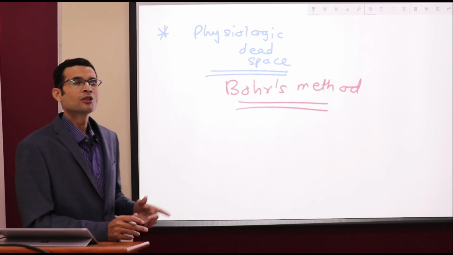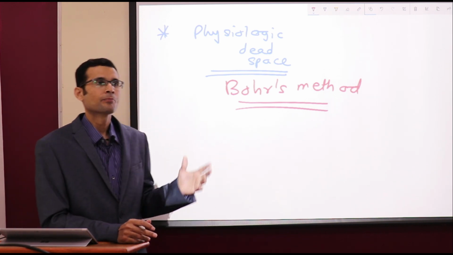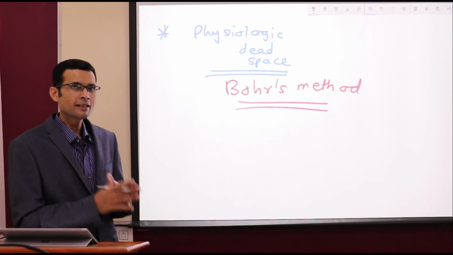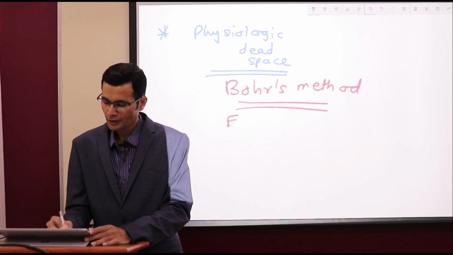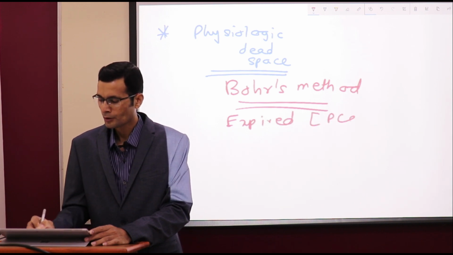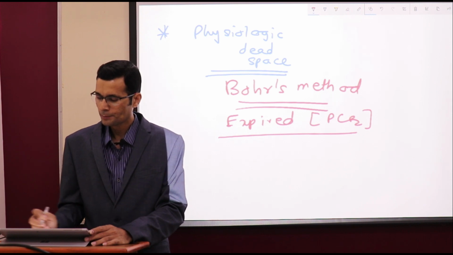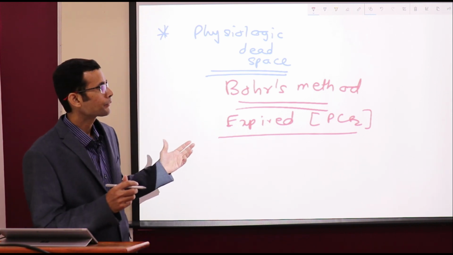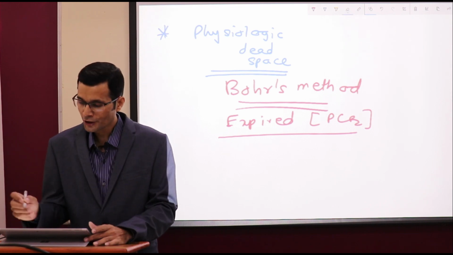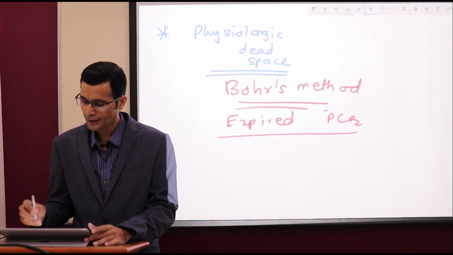We took nitrogen because it was physiologically inert. The same could have been taken here. But instead, in Bohr's method, it is expired CO2, rather expired PCO2, or concentration of carbon dioxide in the expired air.